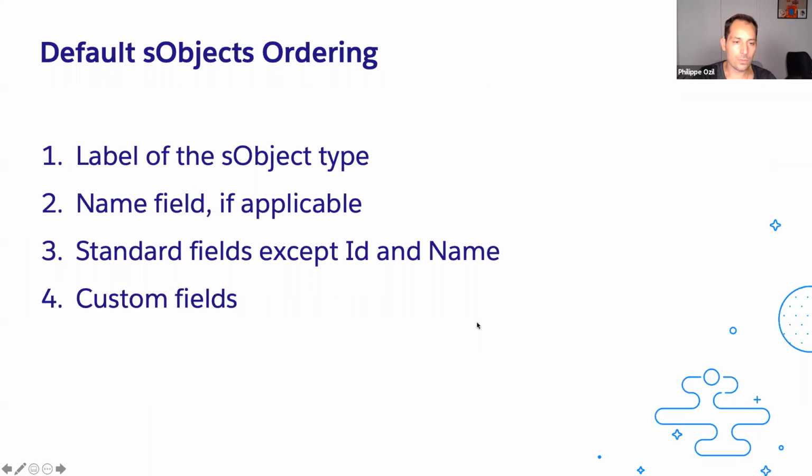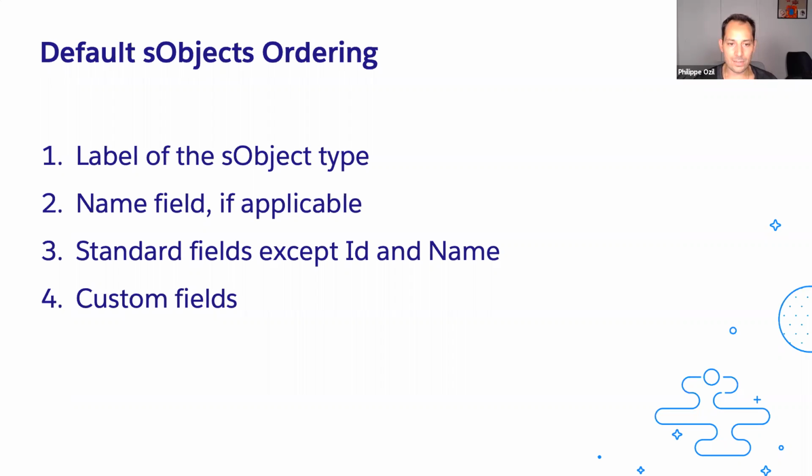Another thing that is also specific, this one to Apex, is the way sObjects are ordered. You can check out the Apex developer guide. This gives you a bit more details on what I'm going to share, but here, this is really the highlights. When you compare the different objects in the list, so if you try to sort a list which contains opportunities, accounts, and contacts, for example, the list is going to be sorted first on the label of the sObject type.